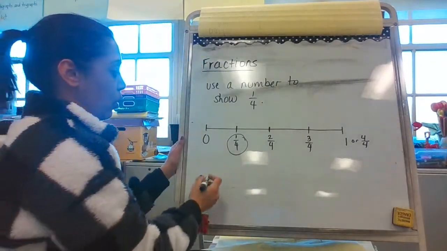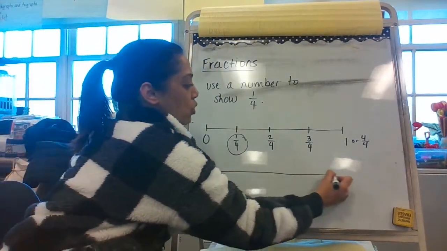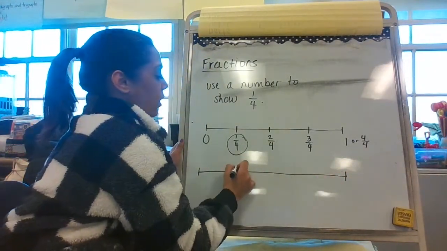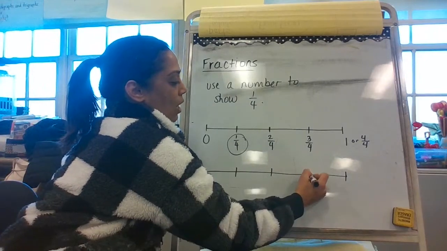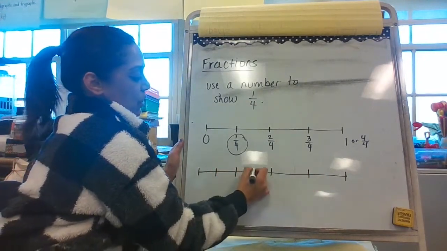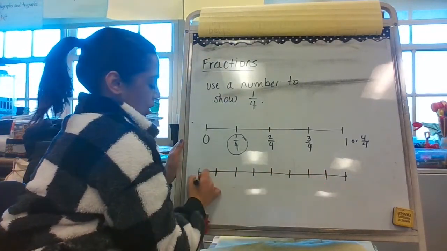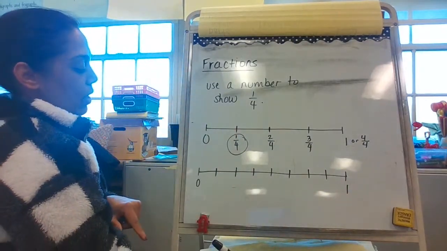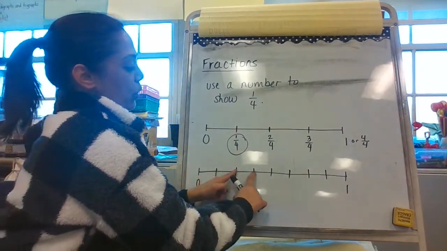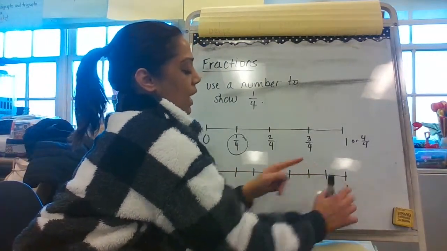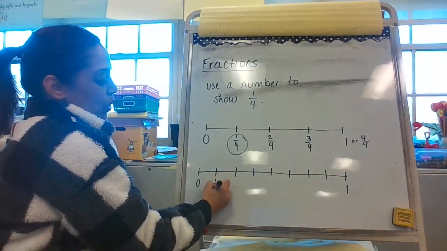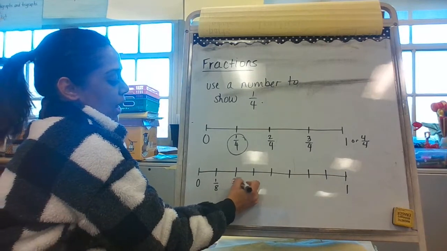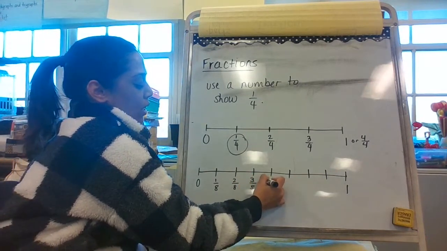So if I wanted to show an equivalent fraction to 1/4, I might say, okay, I want to do eighths. How many eighths give me 1/4? You can see I have 1, 2, 3, 4, 5, 6, 7, 8 parts here. So each one is an eighth, and I'm going to go ahead and label this.